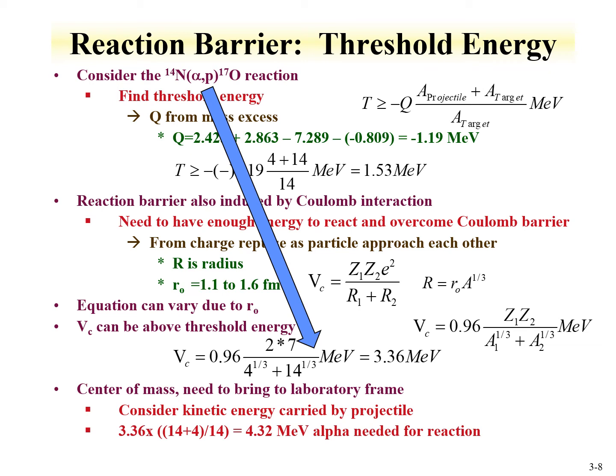This is a center of mass equation, and we need to convert this into the laboratory frame, so we multiply the terms by the ratio of the target plus projectile divided by the target, and we see that what's needed in the laboratory is an alpha particle with an energy of about 4.3 MeV for this reaction to occur, which is what Rutherford was able to see.